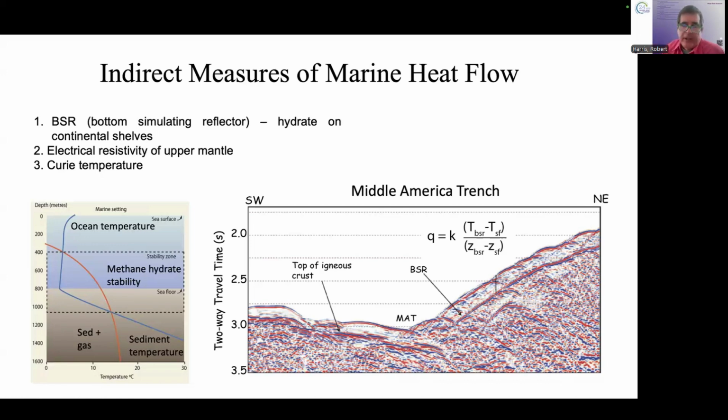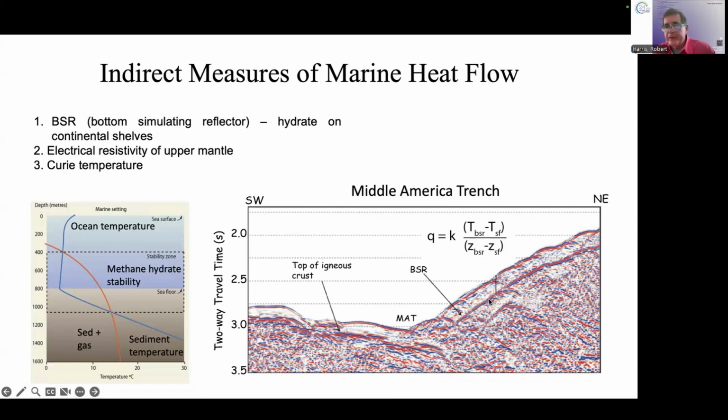You're slowing the seismic wave down, and you get a reverse polarity reflection. So you can see here the seafloor is red, blue, green, and then here you can see blue, red, blue. So it's a reverse polarity. It's a strong reflection, and it also cross-cuts any stratigraphy. So it's relatively straightforward to pick, and we can calculate heat flow.